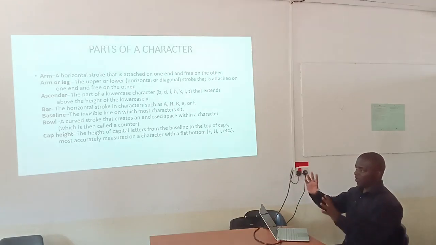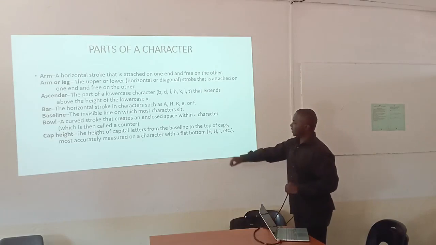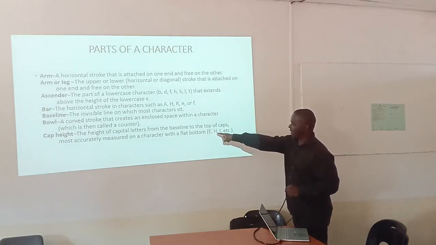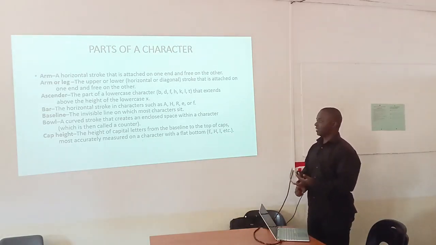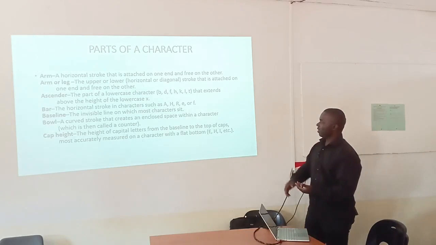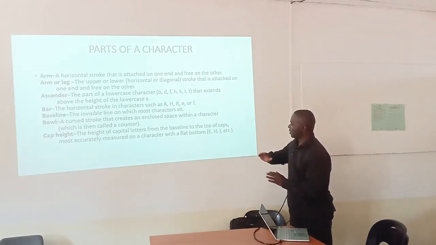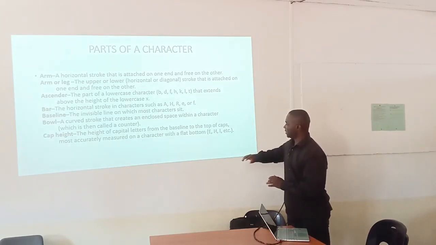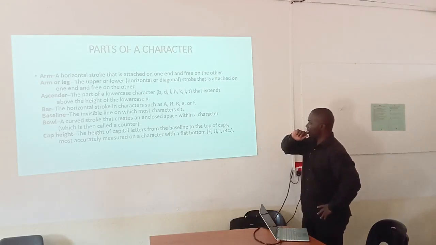When we say lowercase characters, capital letters like this are uppercase characters, right? So in these uppercase characters, you can't have a descender, you can't have an ascender. Why? Because of the space that is occupying, let's say, I want to see where I can give you a very good example.